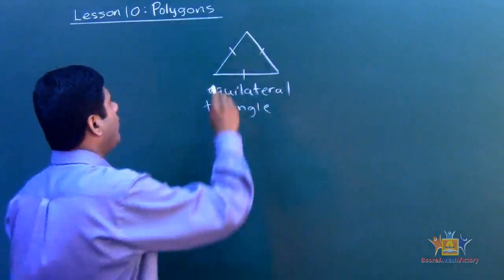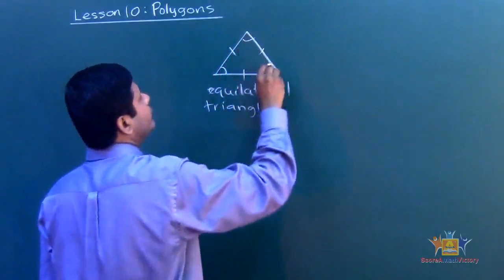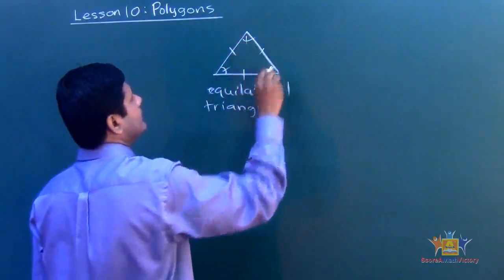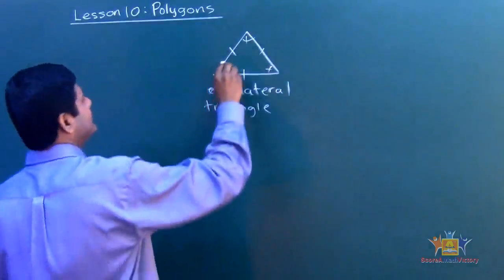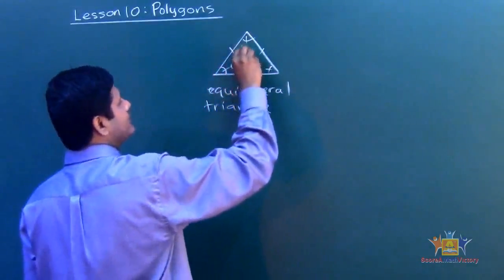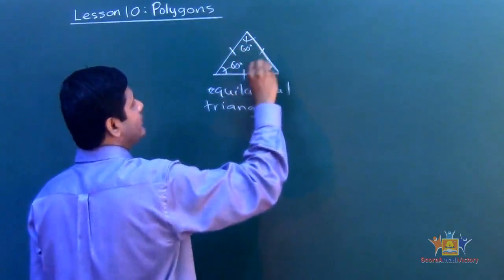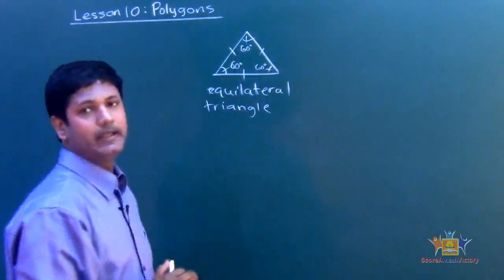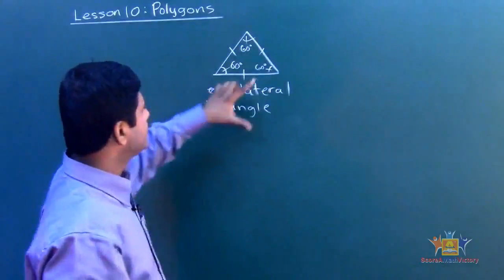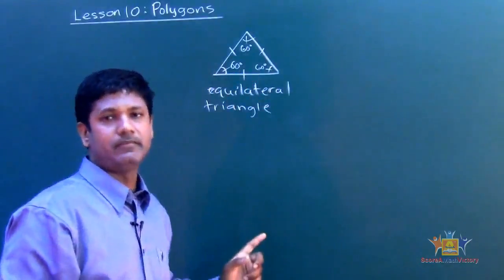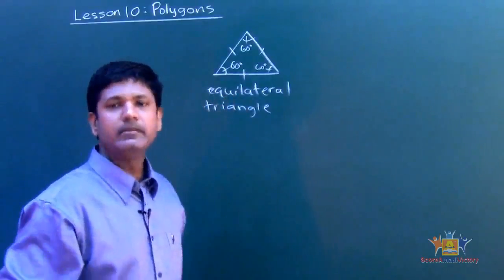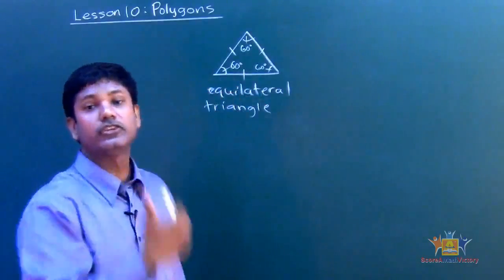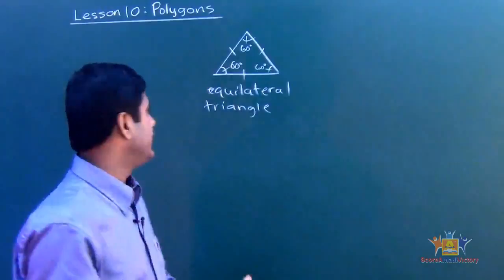That means all the angles are also the same, and each is 60 degrees. All of them are 60 degrees. We'll talk more about it, but I just want you to understand all the sides are the same and the angles are the same. I'm just going to say ahead of time there's 60 degrees, 60 degrees, 60 degrees, but we'll talk in more detail later.